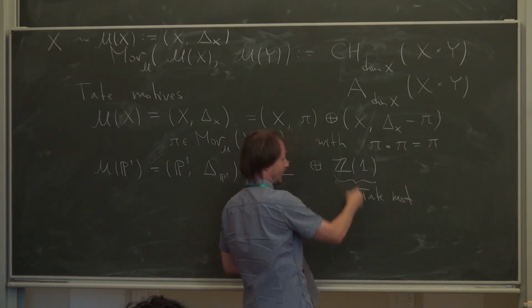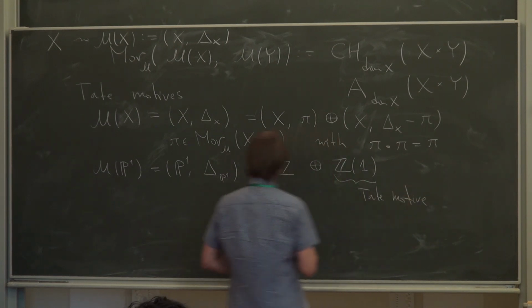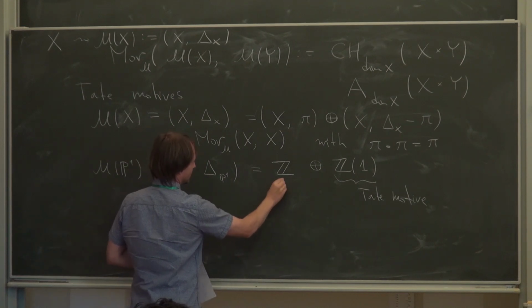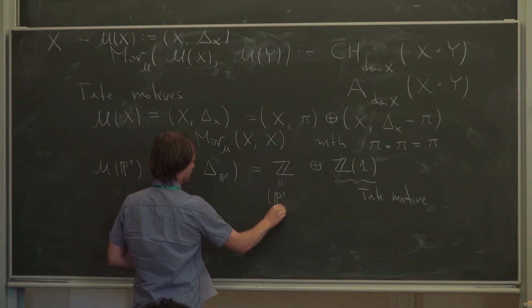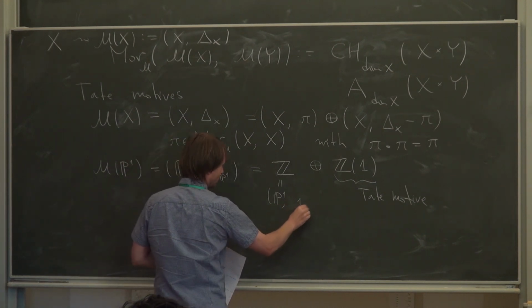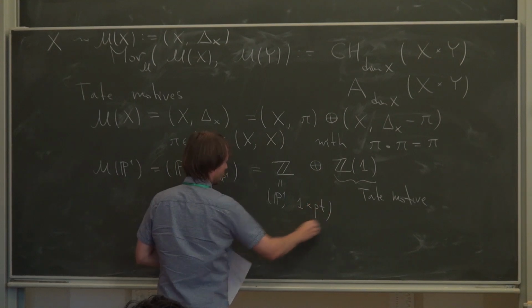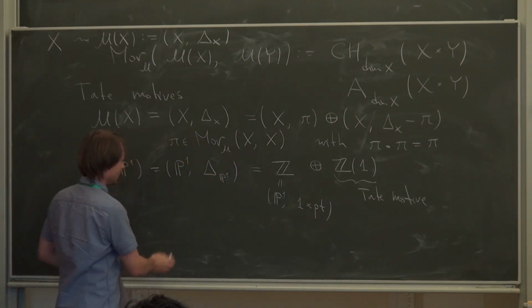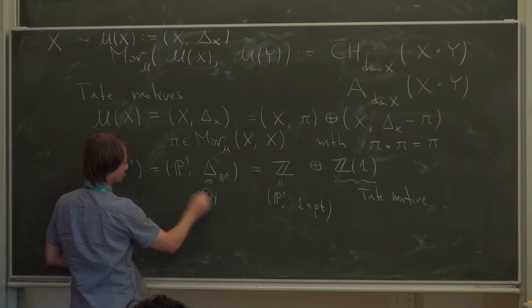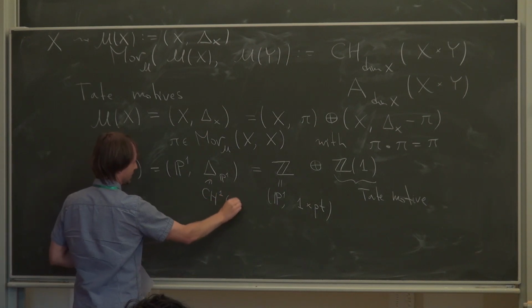This will be the Tate motif, with shift 1 if you want. Let me check. The respective projector looks like 1 times point. The diagonal is an element in Chow 1 of P1 times P1, since the dimension is 1.